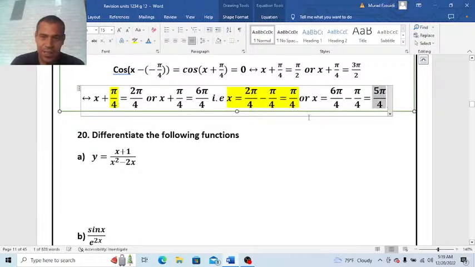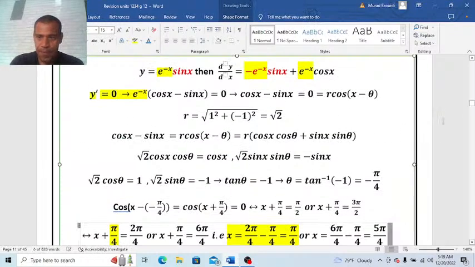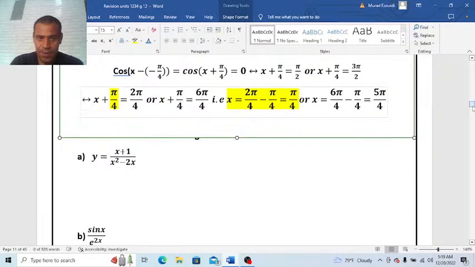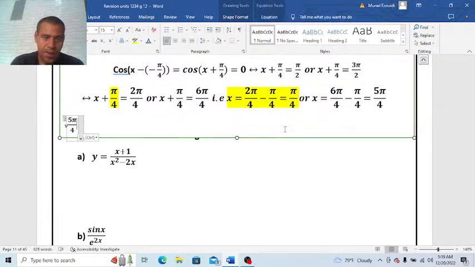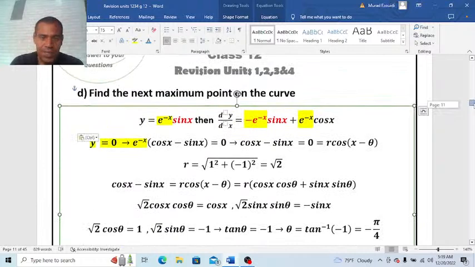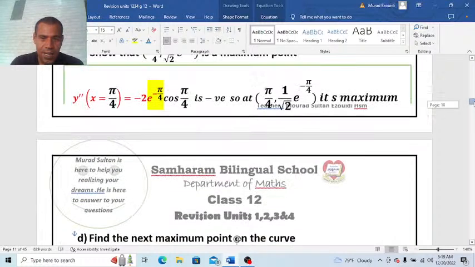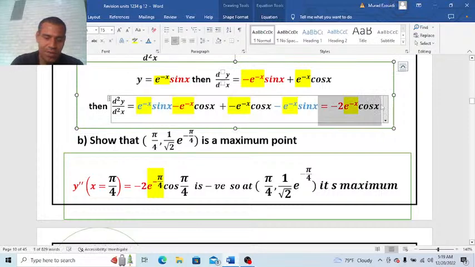Let's check. I will extend this one. I will now make a check. I will use the second derivative of the function, which is what, learners? The second derivative is minus 2 exponential minus x cosine of x.